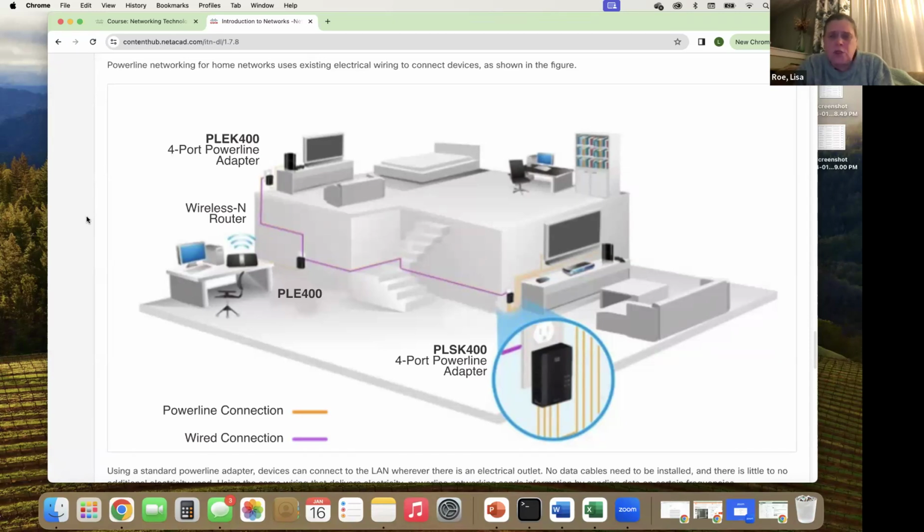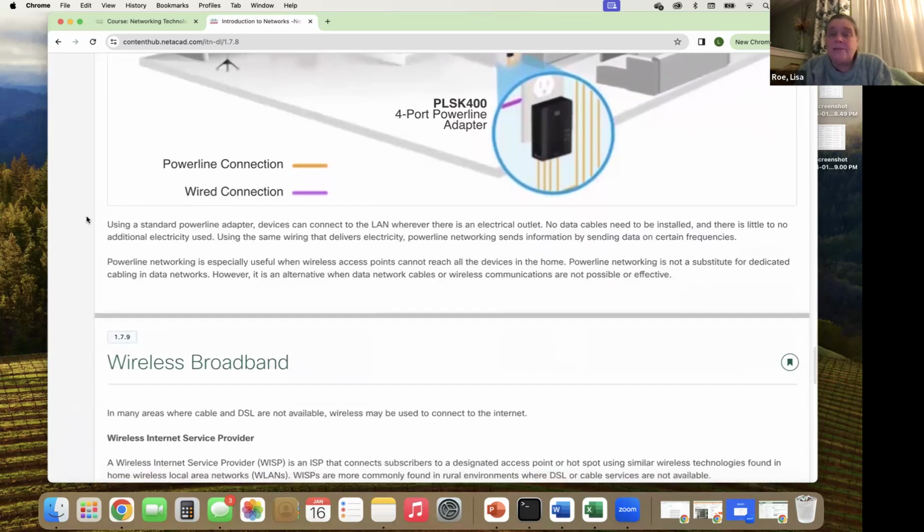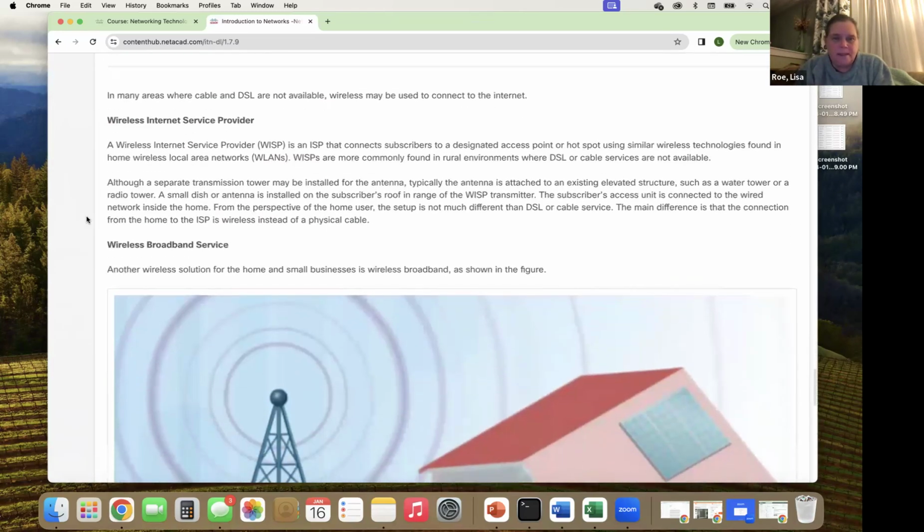In this case, you're actually using the power lines in a home to also provide data, using those existing lines to help transfer the data or flow the data through the house. They're really kind of cool, but I haven't seen it in action. I'd love to.